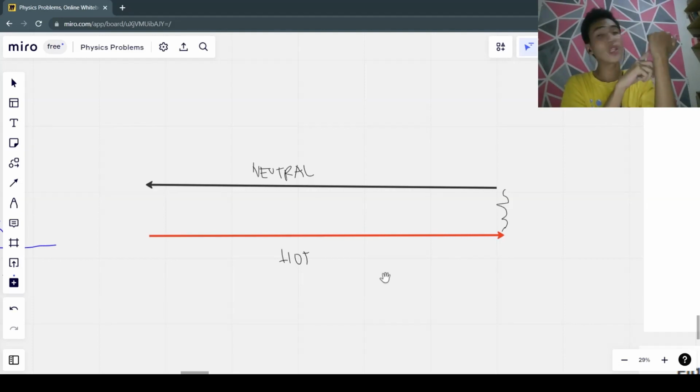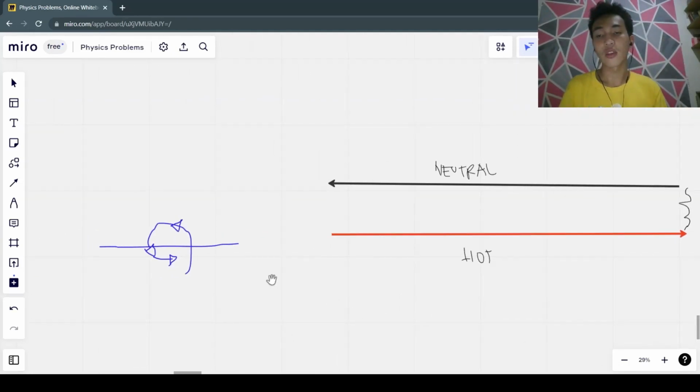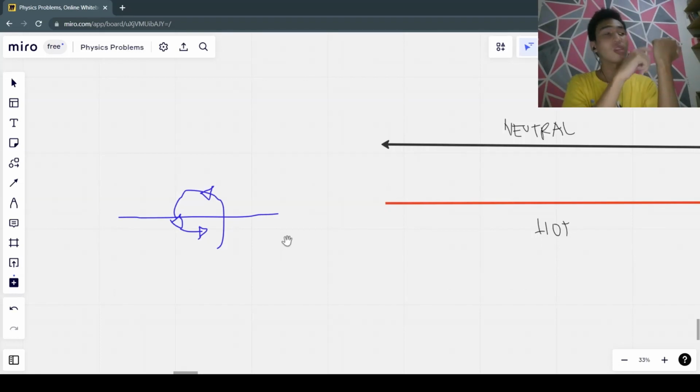The tips of our fingers point toward our palm, which is the visualization done here. That direction goes counterclockwise when we look at it from above, from above the wire, or the current wire.